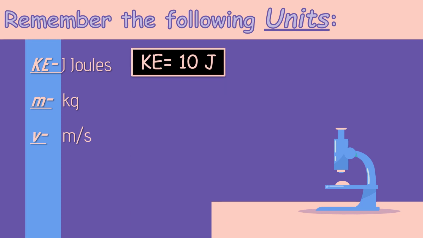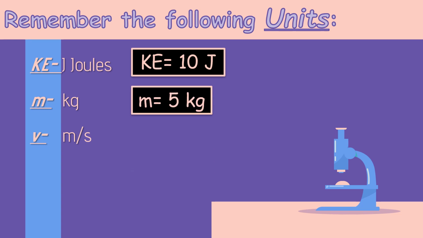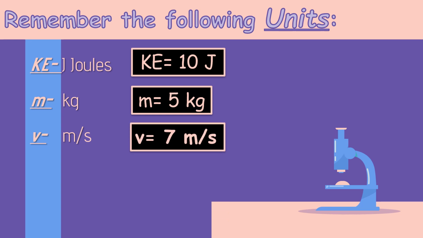Example, if you see 10 joules, 5 joules, it is considered as kinetic energy. While if you see 5 kilograms, 10 kilograms, it is considered as mass. While if you see 7 meters per second, 5 meters per second, it is considered as velocity.